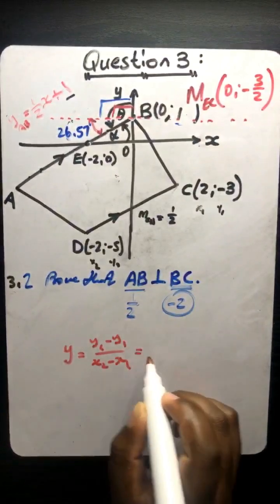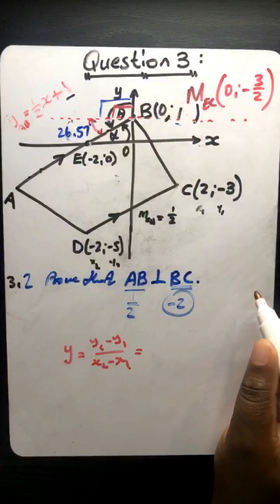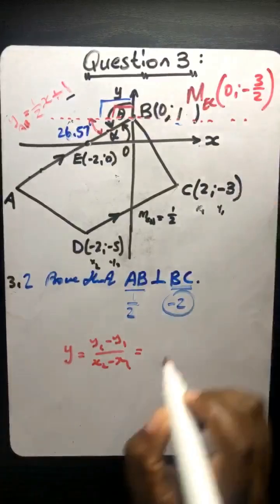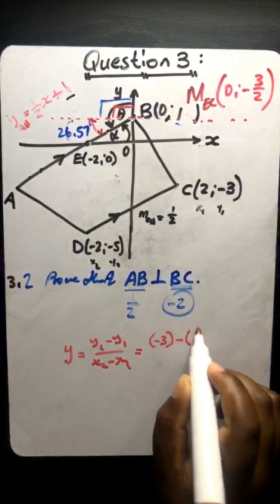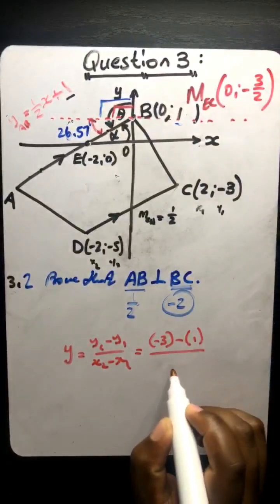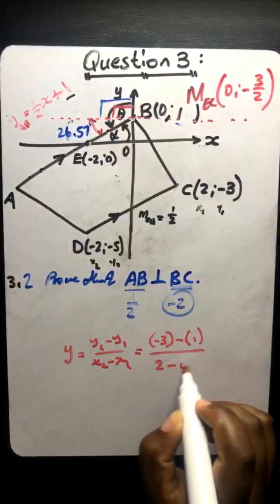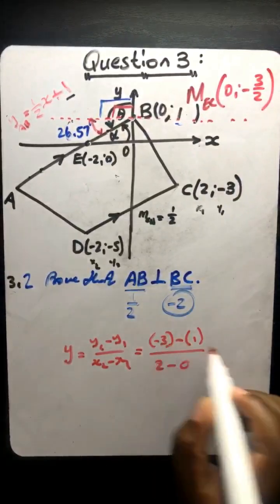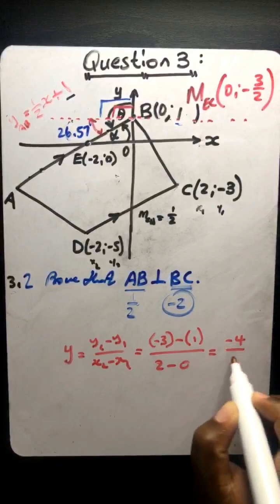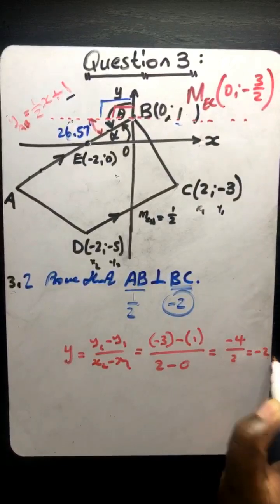Substituting, with C coming second, we have -1 minus 1 divided by 2 minus 0, which gives us -2.